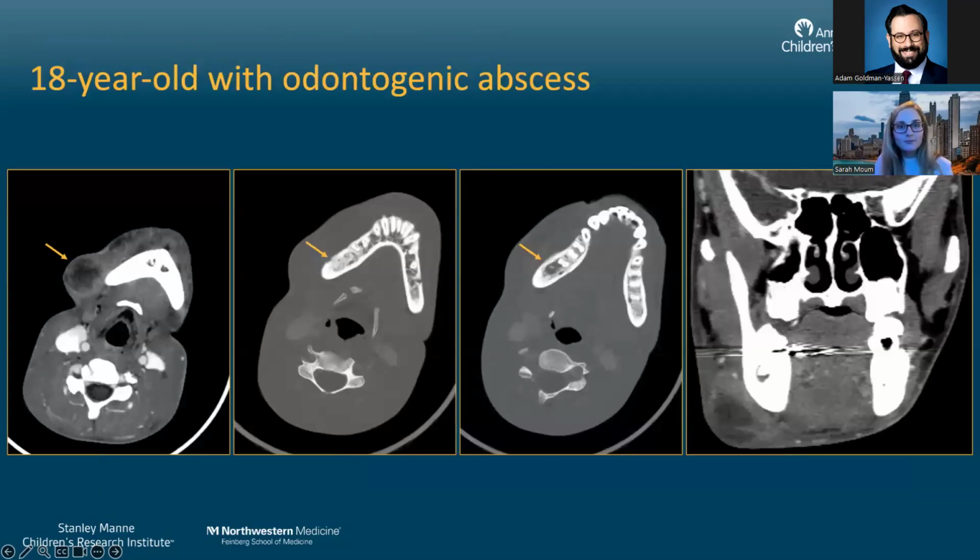Okay, moving on, our next patient is an 18-year-old who presented following recent tooth extraction. They had refractory jaw pain that wasn't improved by pain medications. We got a post-contrast CT neck, and we can see a peripherally enhancing, heterogeneous, centrally necrotic mass-like lesion in the right submandibular space.